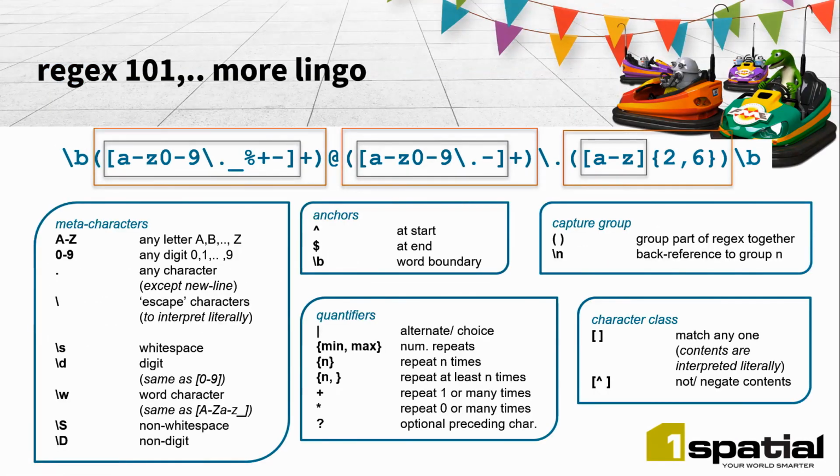Well, let's delve a little deeper. So we've got some square brackets also, and these are character classes. So we can match any of the characters specified, so letters or numbers or any of these characters. And then the plus sign tells us that there can be any number of them. And then again, we've got a slightly different combination of allowed characters in this character class, repeated any number of times.